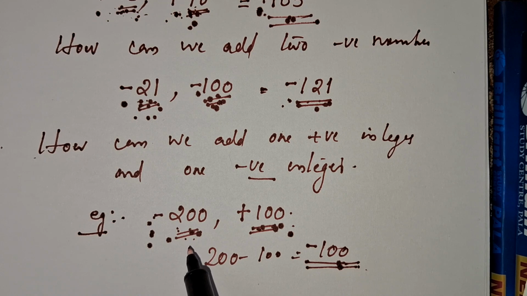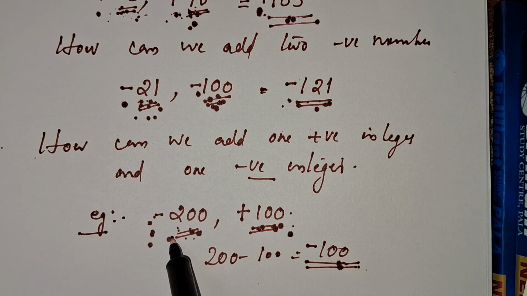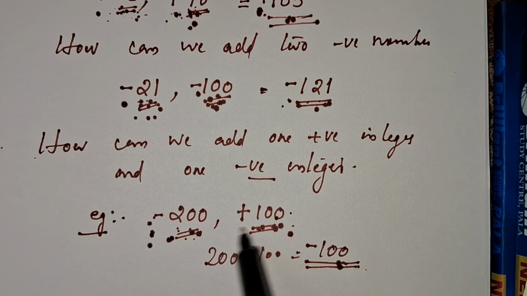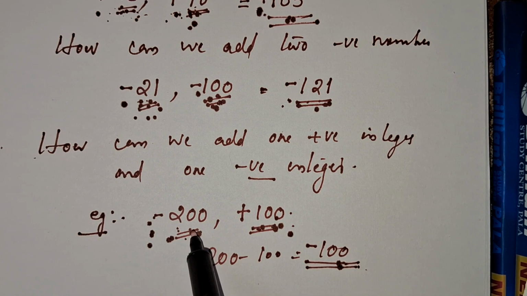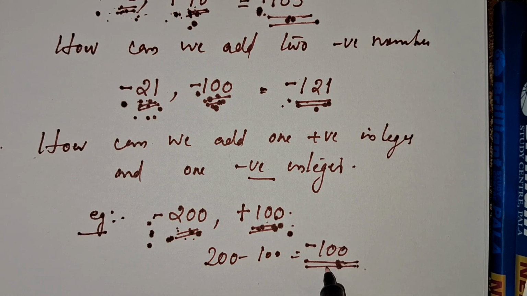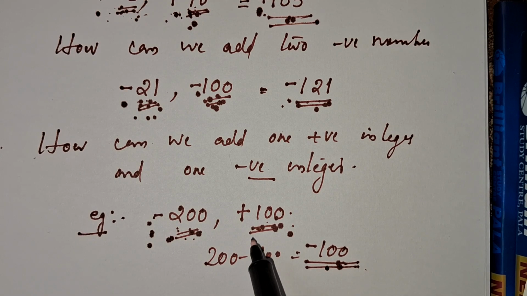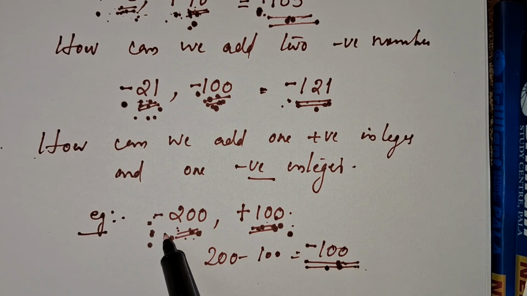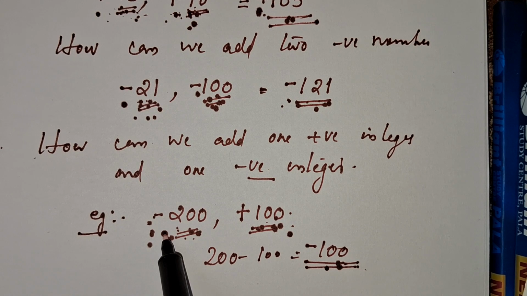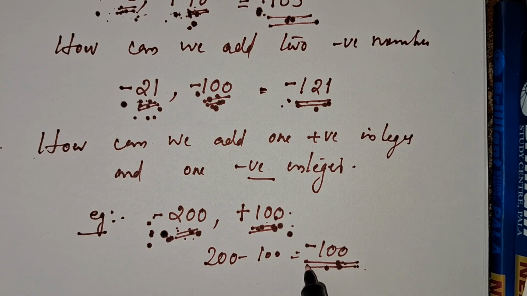Here minus 200 and plus 100, and the difference of the numbers means subtract 100 from 200. You get 200 minus 100 equal to 100. Then put the sign of the greatest number. Here the greatest number is negative, so I put the negative sign here.